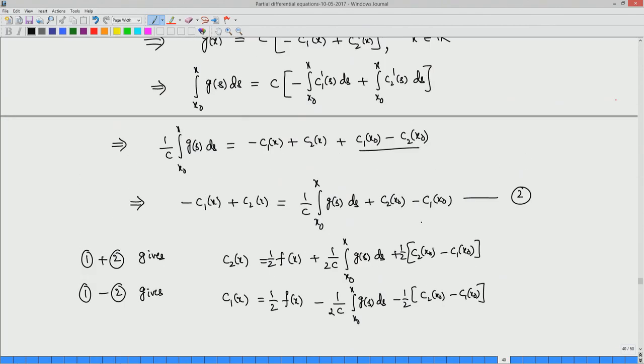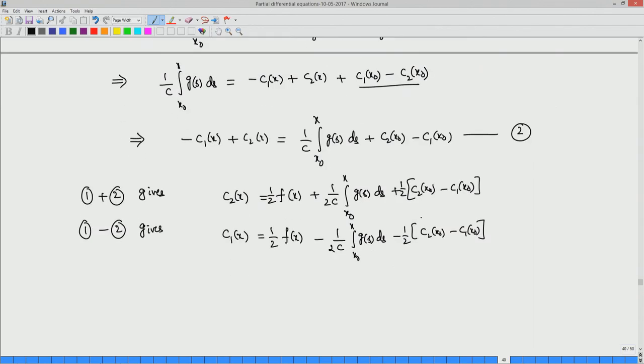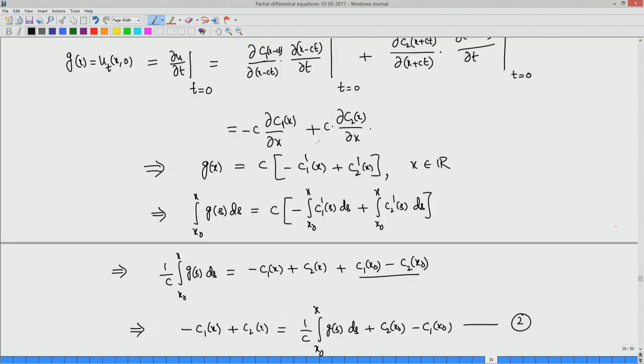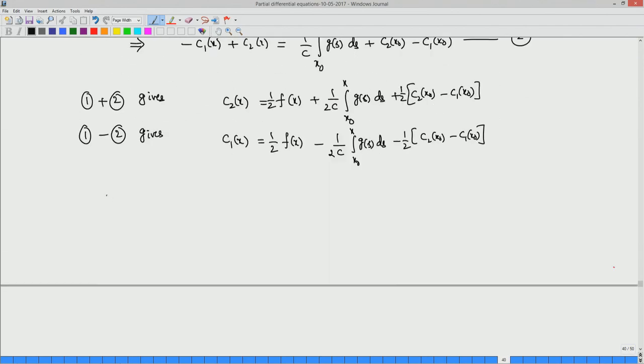Now we see that C2 of x and C1 of x are these. I have the general solution as C1 at x minus ct plus C2 at x plus ct, so you try to write u of x,t directly. u of x,t is C1 at x minus ct plus C2 at x plus ct. What is C1 at x minus ct?